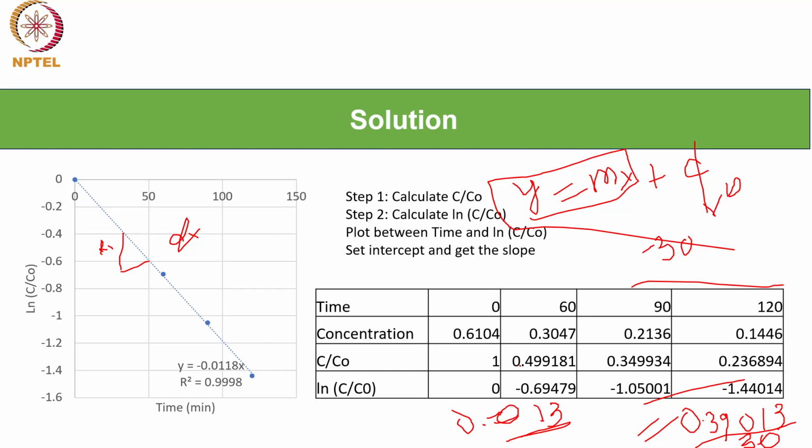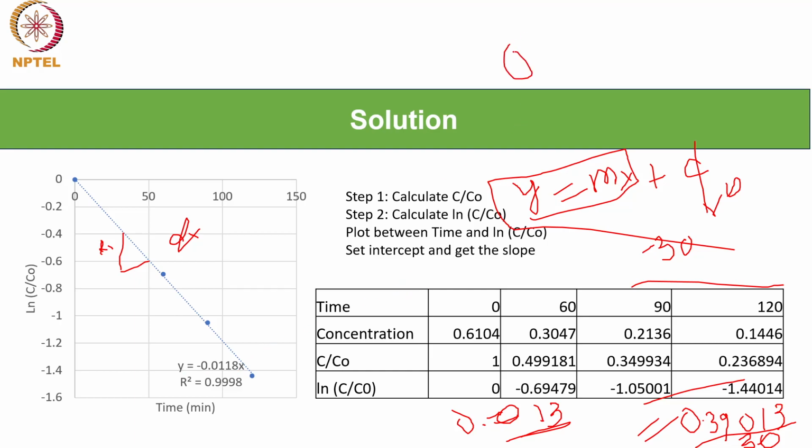Is it fine, Pooja? Yes, ma'am. This is how you have to find the slope. You can tell approximately, but usually it's better to fit it in Excel and then calculate the slope. In the exam, mostly if they ask, they'll be asking only up to 1 or 2 decimal points, so you don't have to worry about those things.